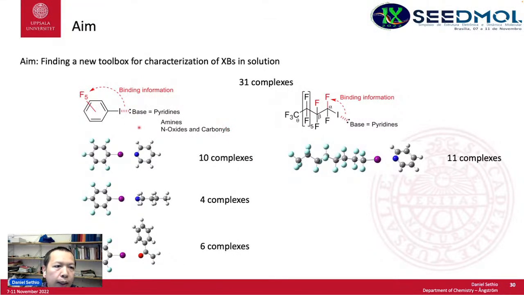In the aromatic, as a base, we have pyridine, amine, and N-oxide or carbonyl. For the aromatic, we use the scalar coupling constant in the ortho, meta, and para positions, and in the aliphatic, we propose using alpha, beta, and ipso positions.